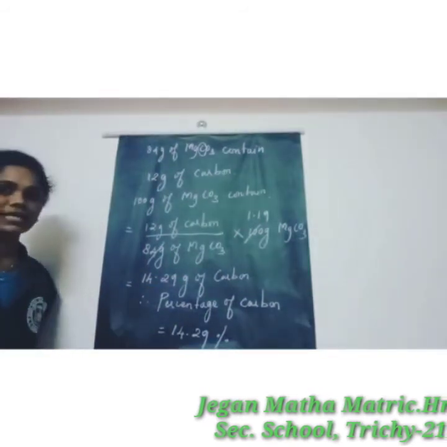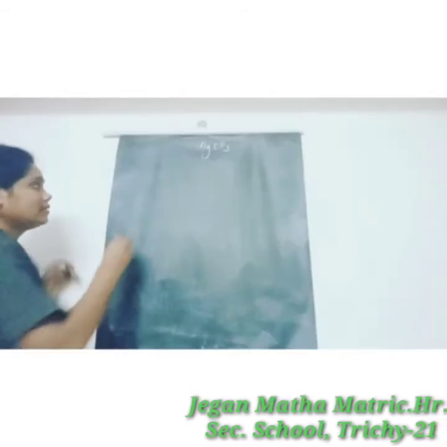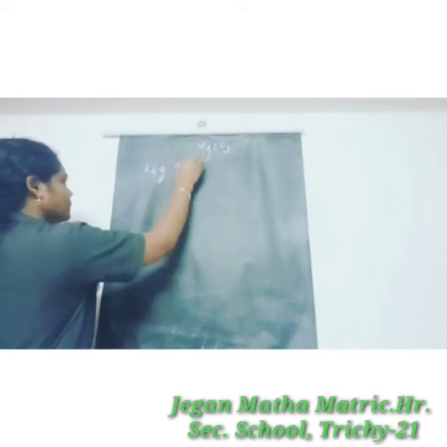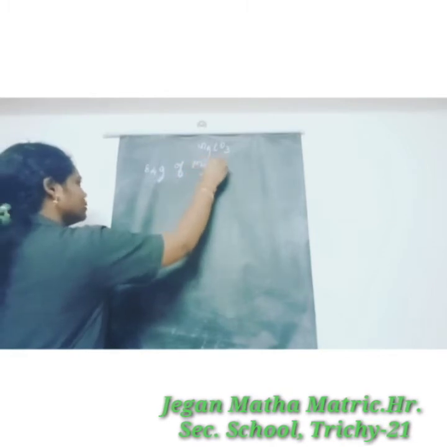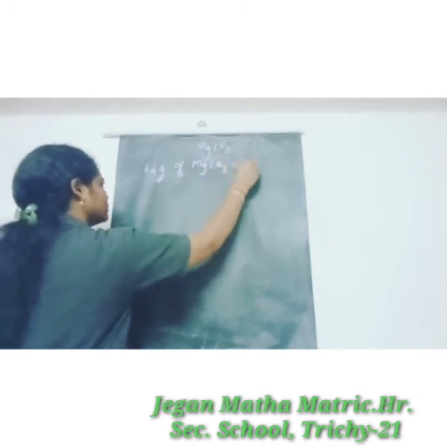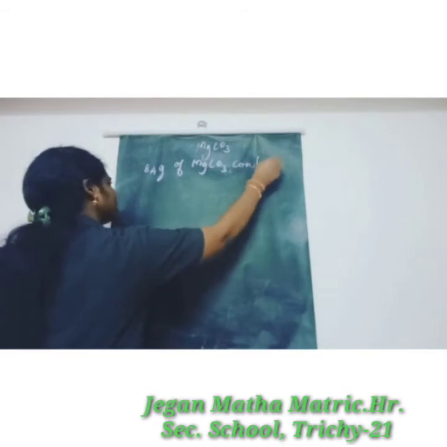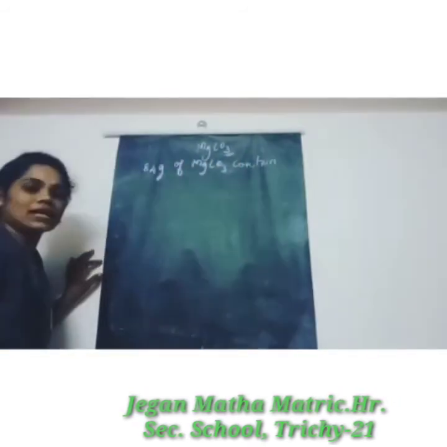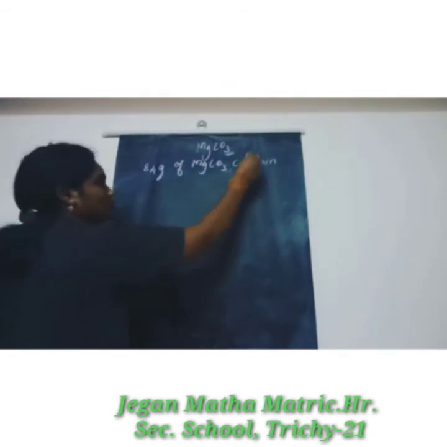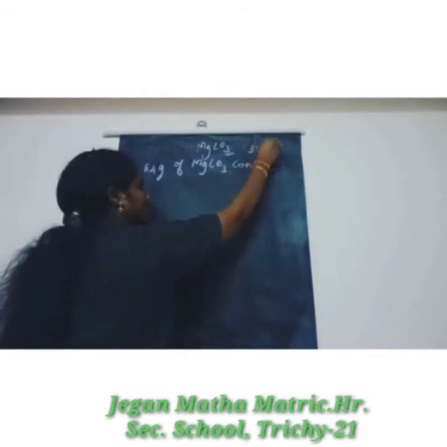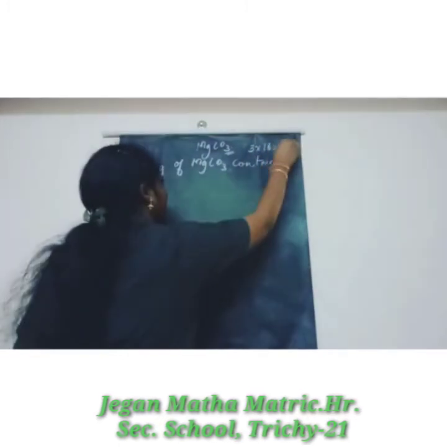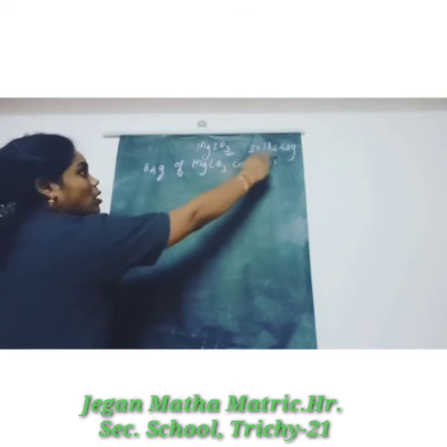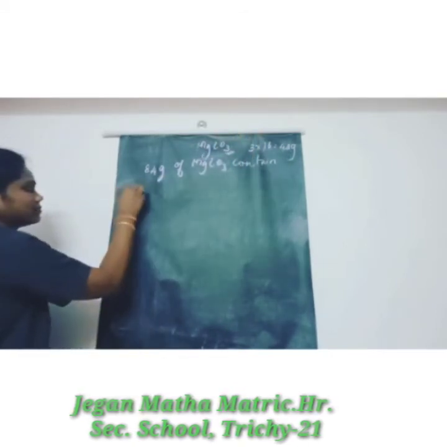We want the percentage. Now 84 gram of magnesium carbonate contains oxygen. Here the number of oxygen atoms is 3. The atomic mass of oxygen is 16, so 3 into 16, that is 48 gram. So 84 gram of magnesium carbonate contains 48 gram of oxygen.